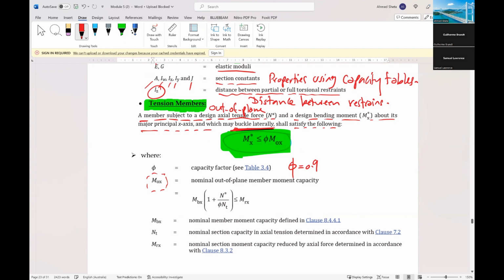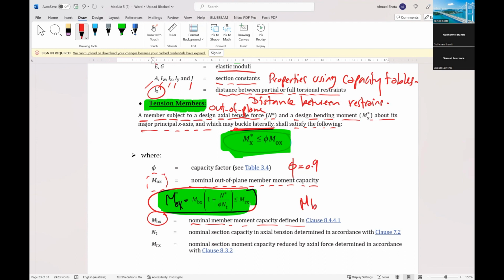Mox is the nominal out of plane member moment capacity, where Mox is equal to Mbx times 1 plus N star over phi Nt, and less than or equal to Mrx. Mbx is a nominal member capacity.